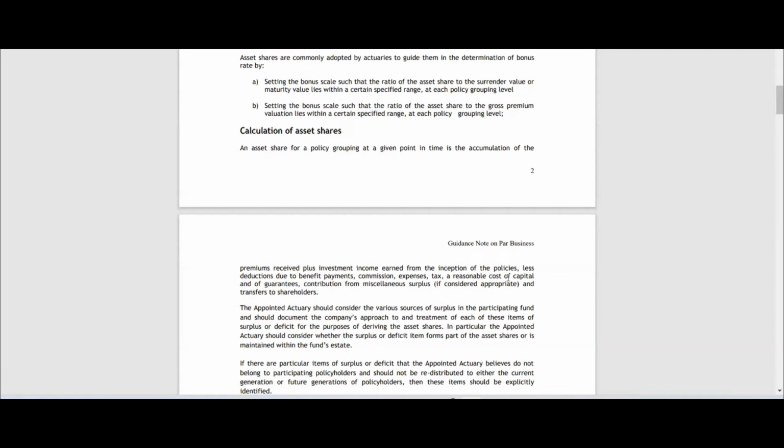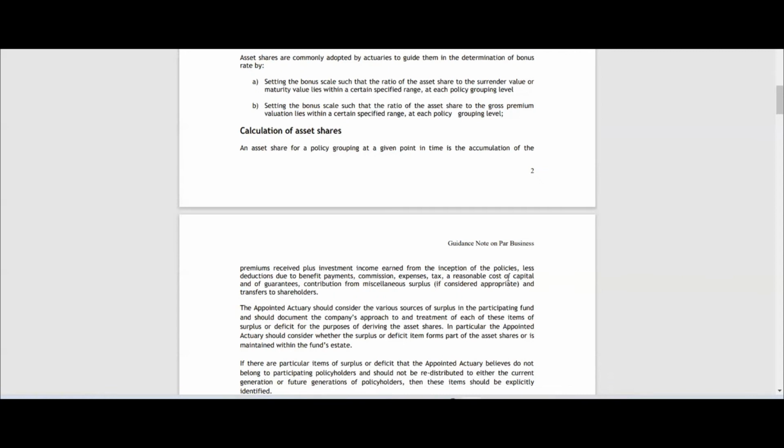Contribution from miscellaneous surplus. Now, miscellaneous surplus can be any number of things. You can surrender a policy, and if you surrender a policy, then there might be a surplus or there might be a deficit, right? You can also write non-participating policies in participating policies, a concept that we'll see when we consider participating policies in detail, and that might generate surplus, right? There might be surplus from over distribution or under distribution of surplus because of smoothing.